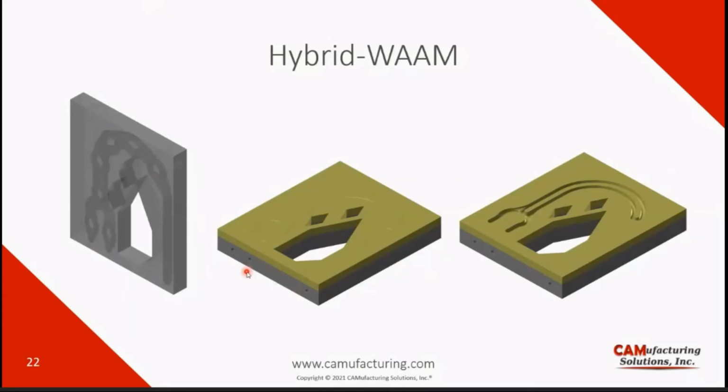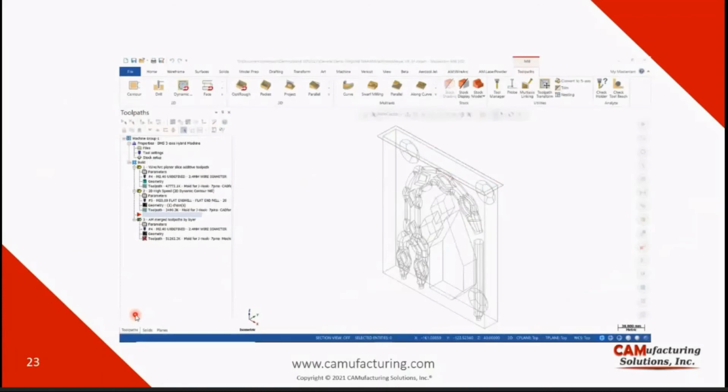I would like to mention that in the rest of this presentation, we are going to talk more about the cooling channel because we use one of our newest technologies on it, which is called layer merge. So what does layer merge do? Layer merge actually has the ability to merge a bottom to top additive toolpath with the top to bottom machining toolpath.